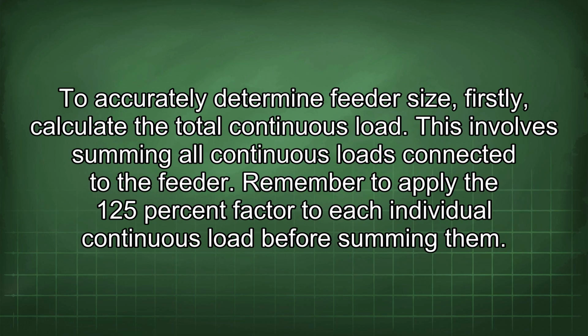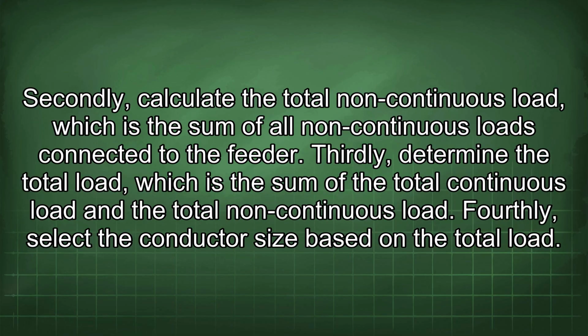To accurately determine feeder size, firstly calculate the total continuous load. This involves summing all continuous loads connected to the feeder. Remember to apply the 125% factor to each individual continuous load before summing them. Secondly, calculate the total non-continuous load, which is the sum of all non-continuous loads connected to the feeder.